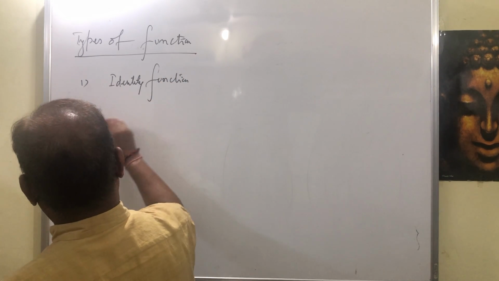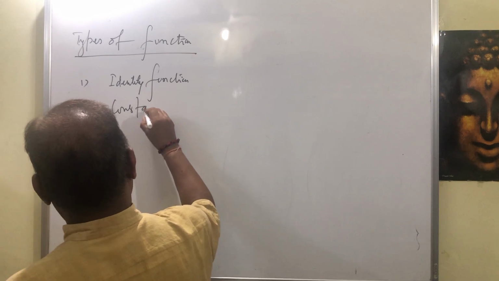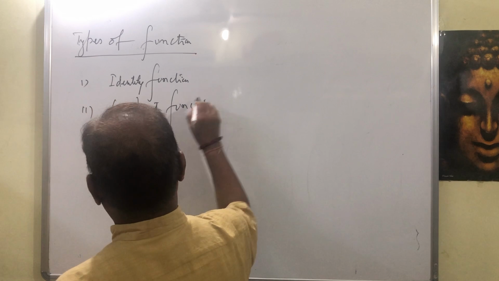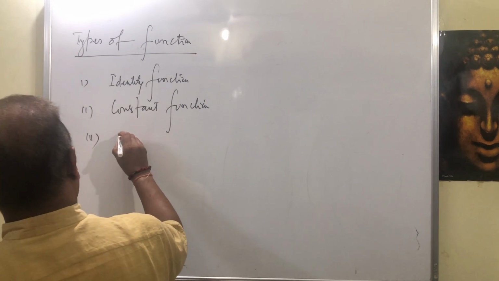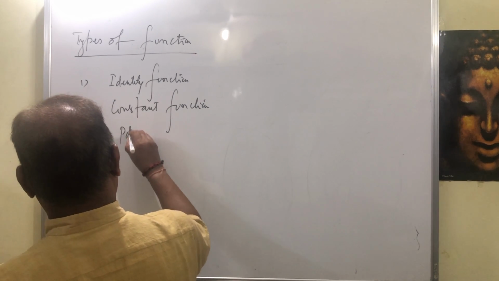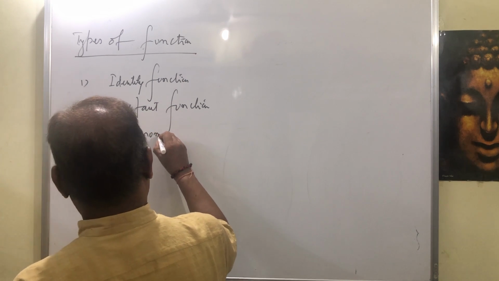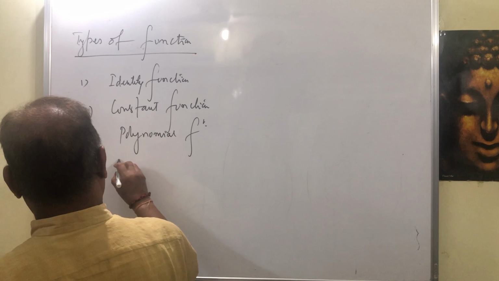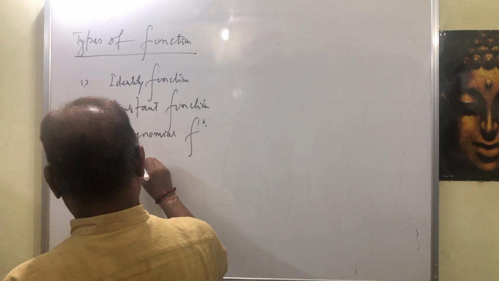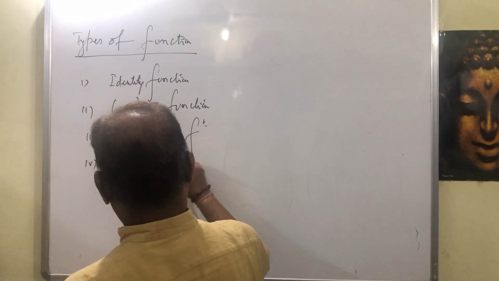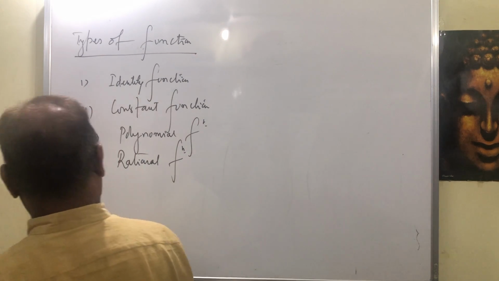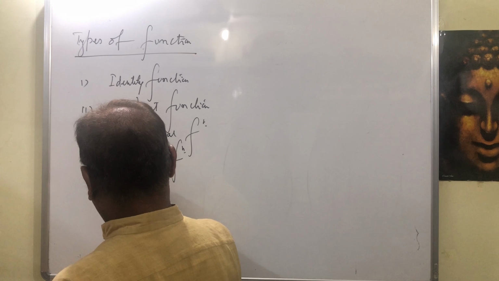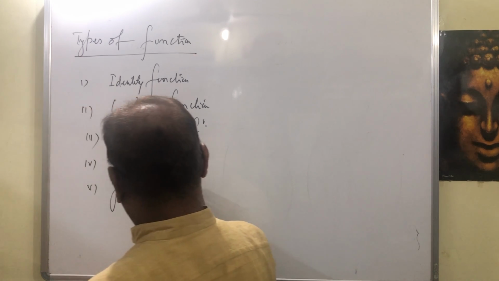Second is constant function. Third is polynomial function. Fourth is rational function. Fifth is greatest integer function.